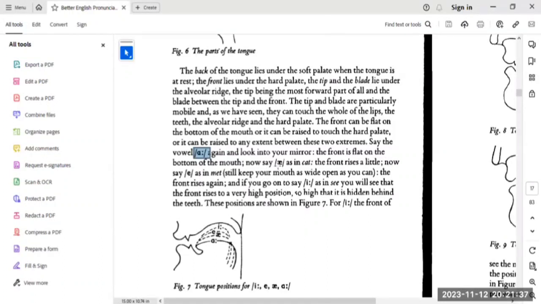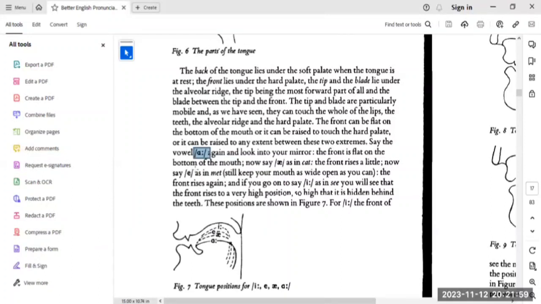But like cat, like cat, the front rises a little. If you look in the mirror, you will see the front rises up a little bit.